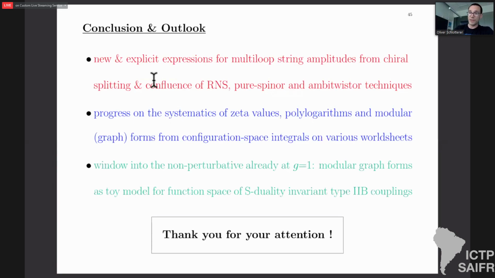And this will give a candidate function space for the non-perturbative story in type IIB. So that is why I expect a vast impact of this over the next years. But for this, there's definitely a lot of help needed. So I hope that this talk could motivate some of you to join us in all these adventures for the future. I should really stop.